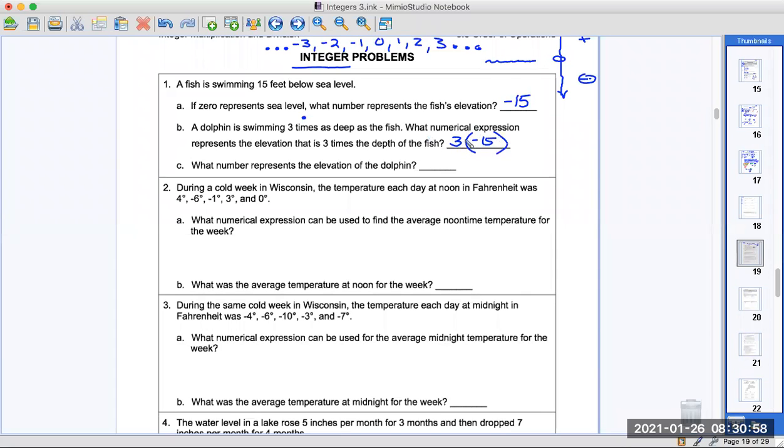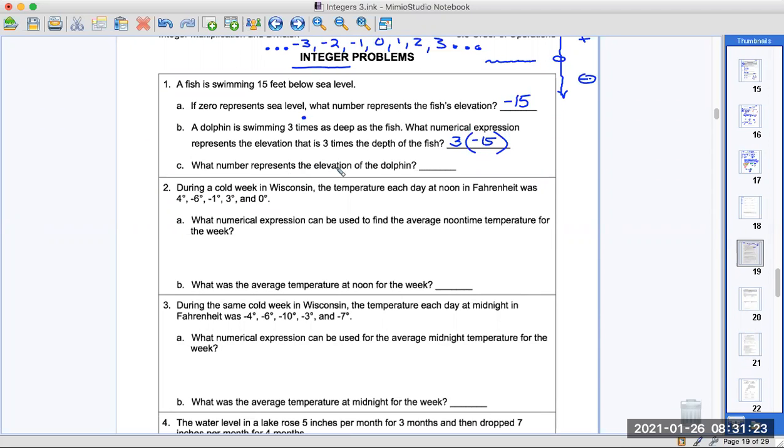Now, the way we write that is with parentheses. Between the 3 and the parentheses, there's no symbol. That means it's multiplication. It is not even there, but it is understood to be multiplication. So that's how we write 3 times. I'm going to erase that little dot.